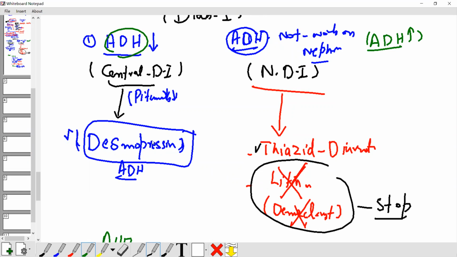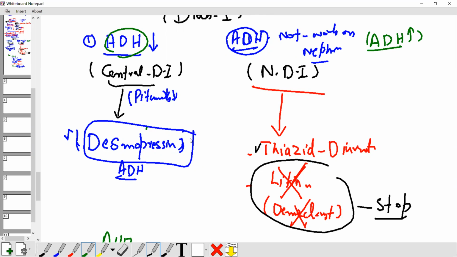So when you give desmopressin, if the patient responds, the polyuria is a bit controlled. In diabetes insipidus, polyuria and polydipsia are the problem here. If that polyuria is controlled, then it means it's central.